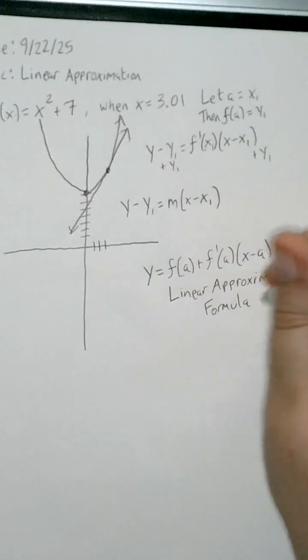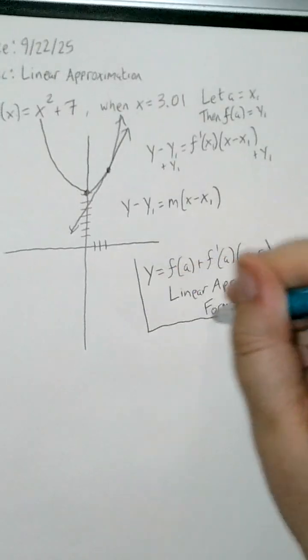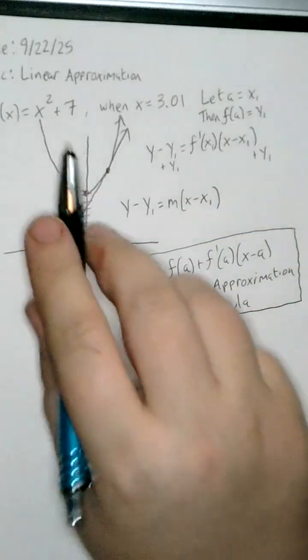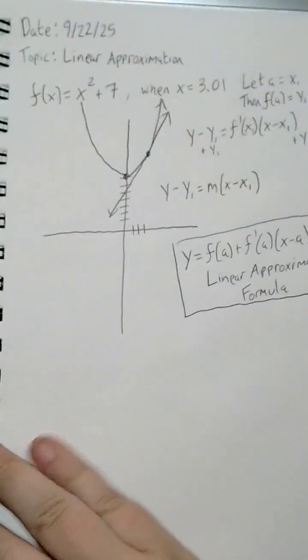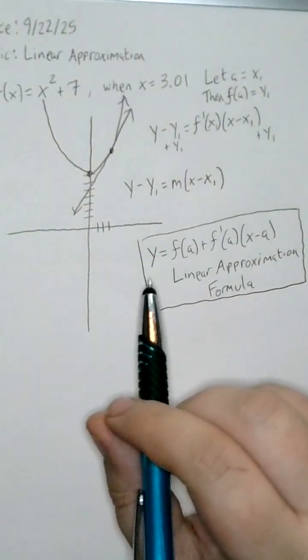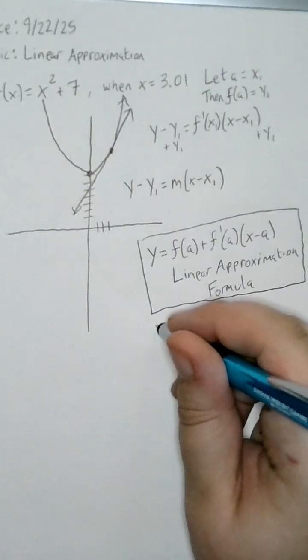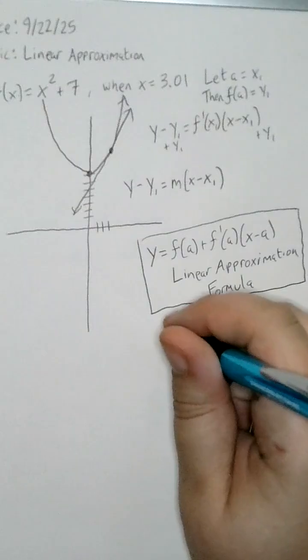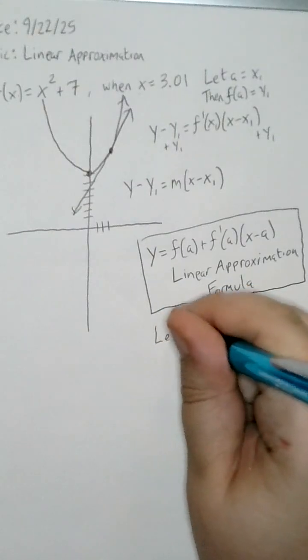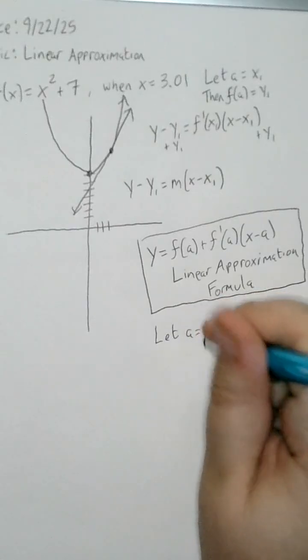Linear approximation formula. Now, let's use this to find this. So I'm gonna let a equal 3. Why 3?